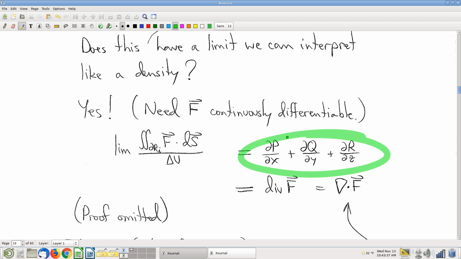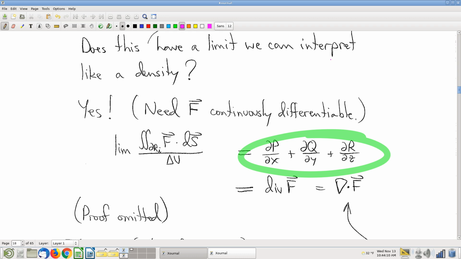All right, recall that the vector field has components P, Q, and R. So the x partial of the first component plus the y partial of the second component plus the z partial of the third component. And then y'all will now also recognize from way back when, section 15.1, y'all remember I complained a little bit about the book's point of view, because they introduced the formula for divergence.